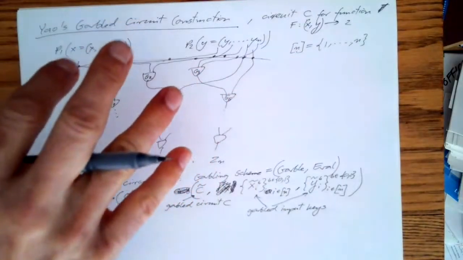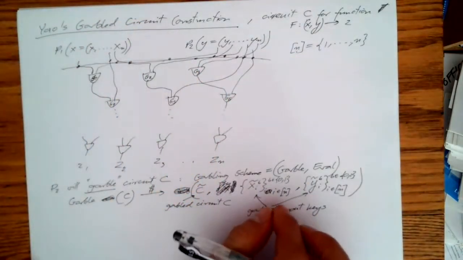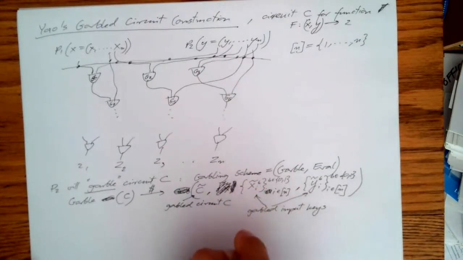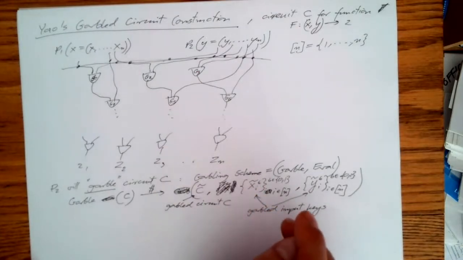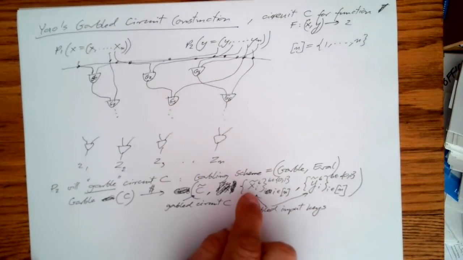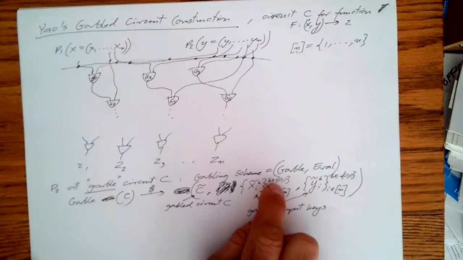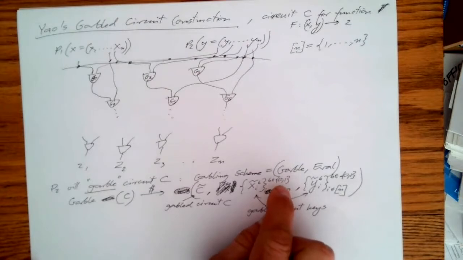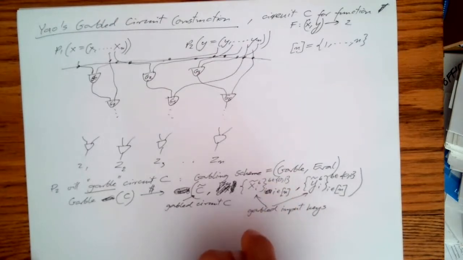And for every input wire, you create two values, one key corresponding to the value on that wire that corresponds to bit 0, and the other key for the 1-bit value of that wire.